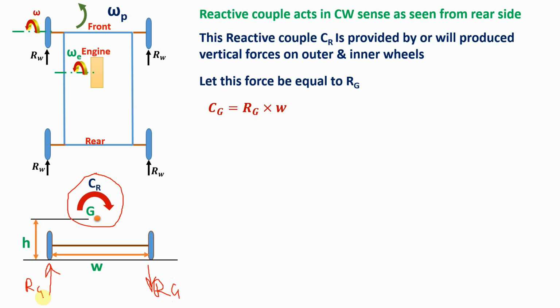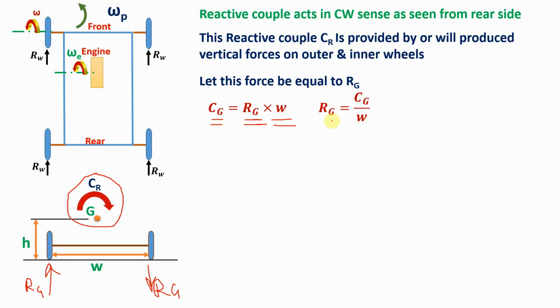So we can write this couple CR is produced by these forces Rg. So magnitude of couple CG is equal to Rg into distance between these two forces, that is W. So CG is equal to Rg into W. We want Rg.